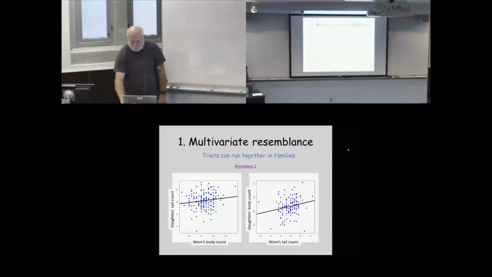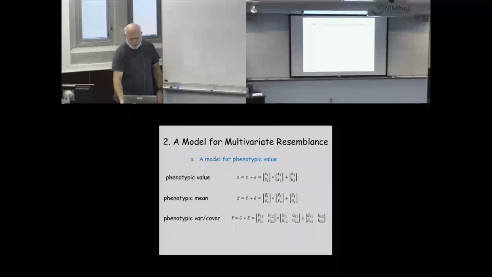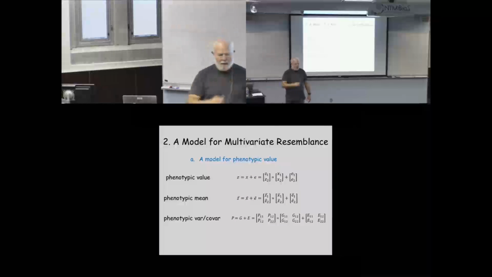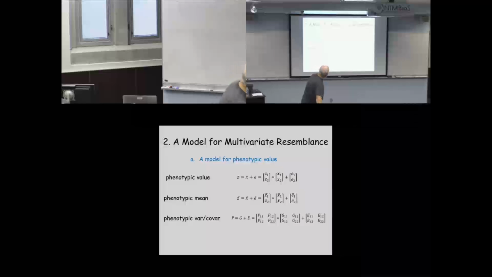All right. Okay, so the concept of genetic covariance. Let's back up and think about what kind of a model we need for inheritance. And this is the value of introducing the Lande notation last time, because now it's going to be very simple in the multivariate case.